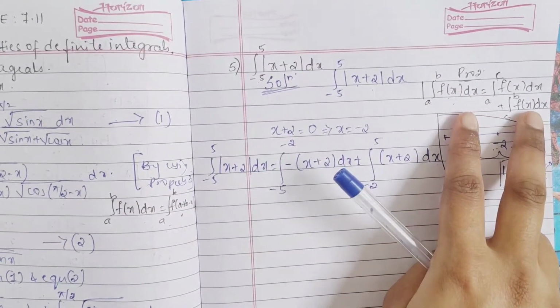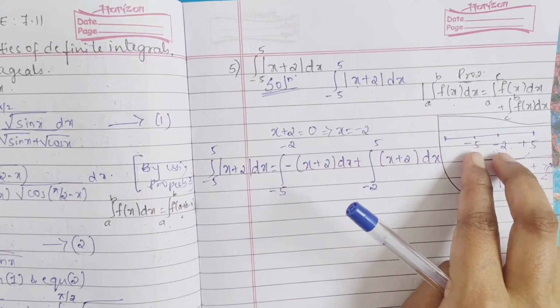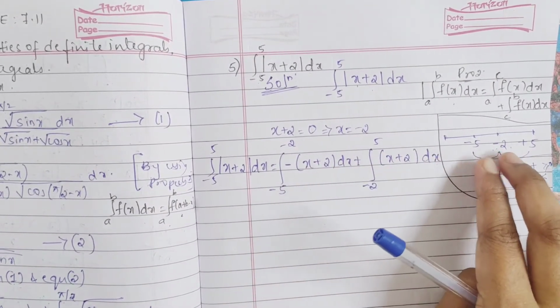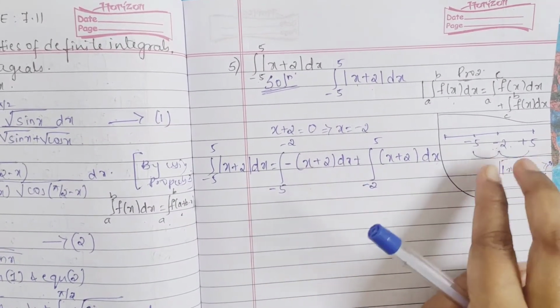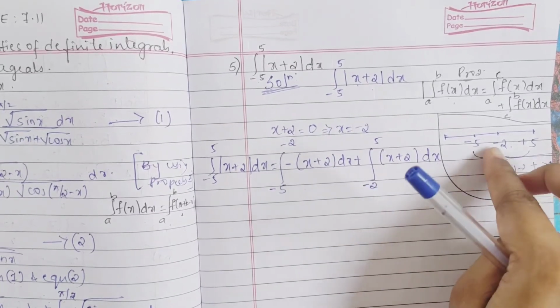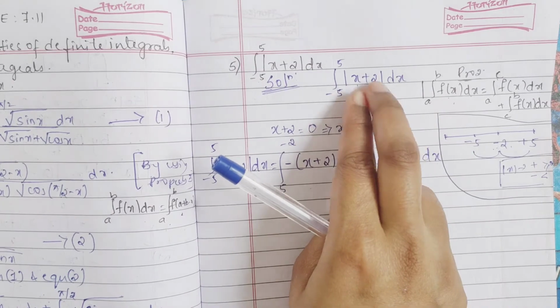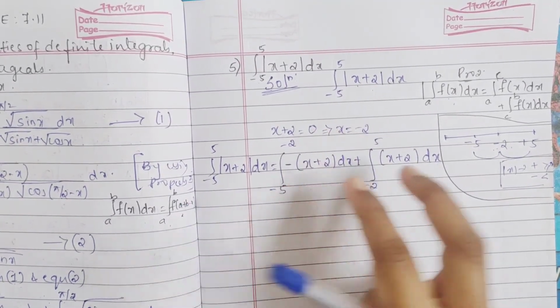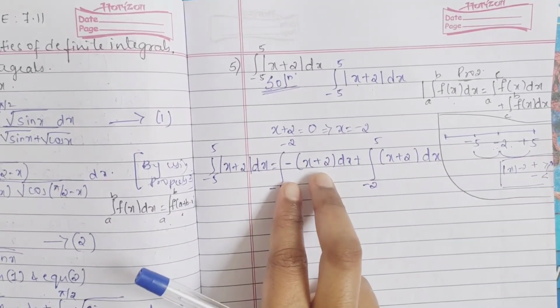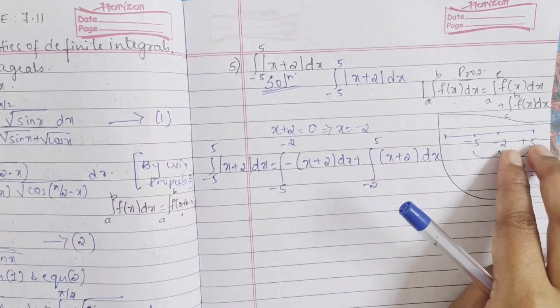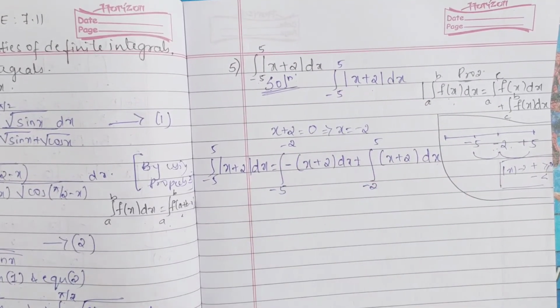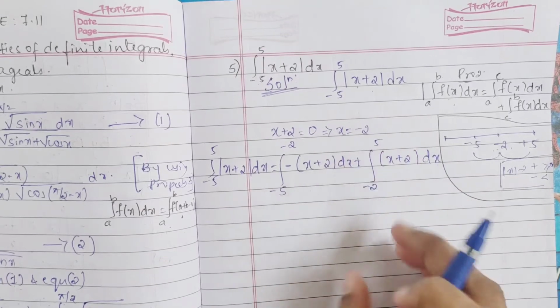Then you get two intervals, minus 5 to minus 2 and minus 2 to plus 5. For minus 5 to minus 2, any number you take and place in the main function gives negative, so this part will be the negative of x plus 2. For the second interval any number gives positive, so it will be plus the function itself.